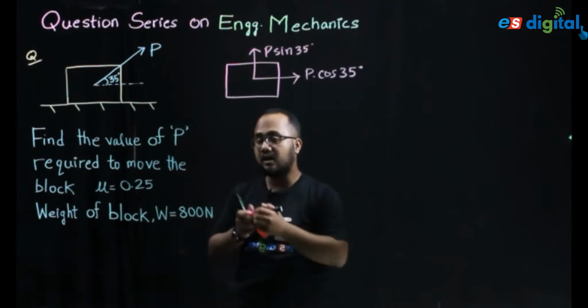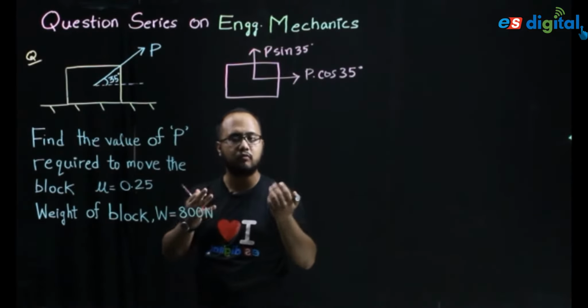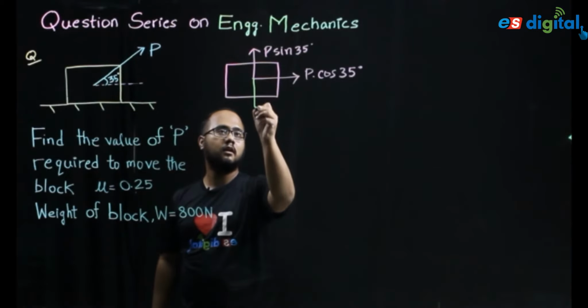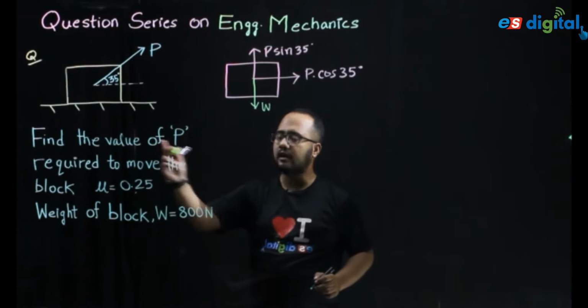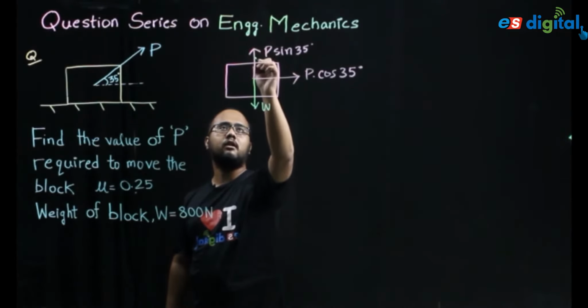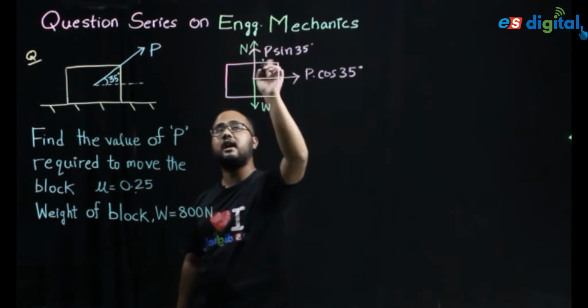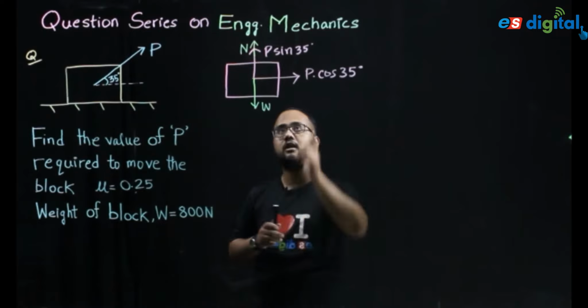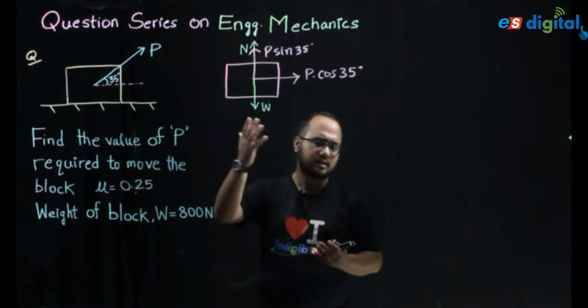The weight of the block is 800 Newton, and obviously it acts downward. The normal reaction N acts upwards. So the normal reaction and P sin 35 act upwards, and the weight acts downward.